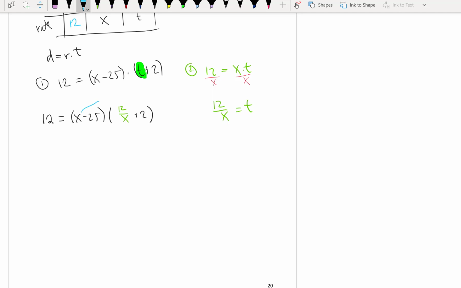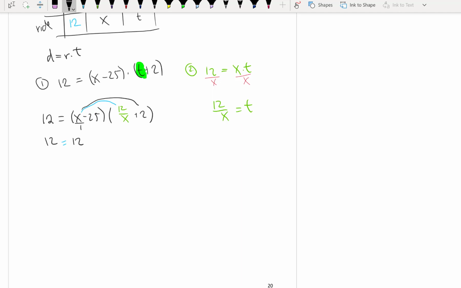So I'm going to go ahead and FOIL this out. If I do my first, I'm going to have x times 12 over x. Since the x is really a fraction, the numerator and the denominator cancel out, so I'm going to get a 12.